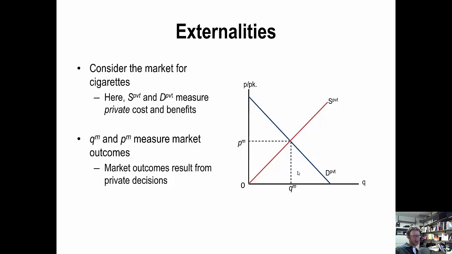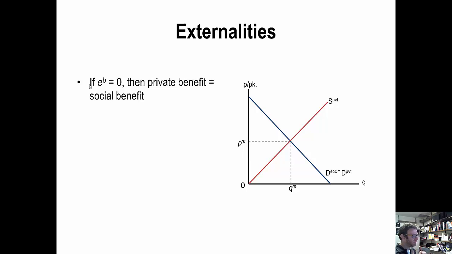Let's assume that we're talking about cigarettes. Okay, where we're going to make life easy by assuming that cigarettes don't really create much of an external benefit. So, the benefits that smokers receive when consuming cigarettes, all of that really only flows to the smoker himself and no one else. Which means that the social benefit is really equivalent to the private benefit.